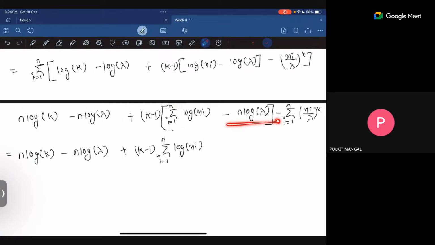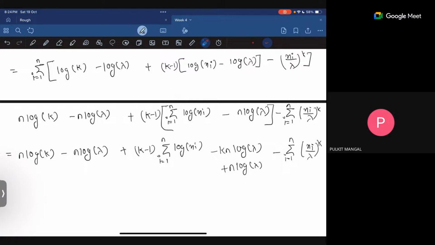But here I will multiply, and you will see why, because it will become minus kn log lambda and plus n log lambda, and this minus sign is here. The only thing we did from here to here is we multiplied k minus 1 to this. For this I have not multiplied, I have written it like this.